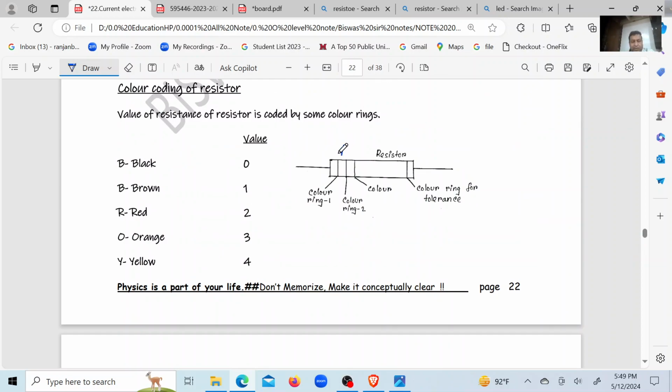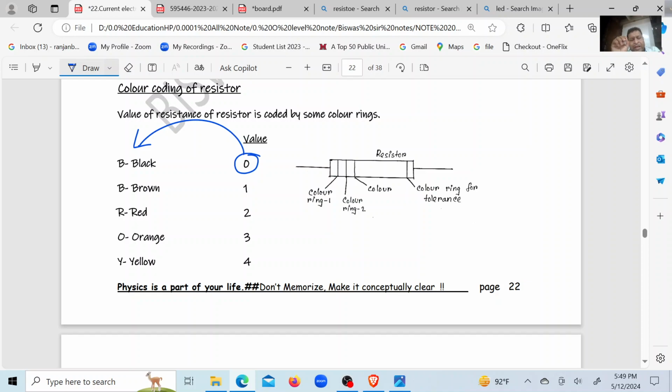First color is value. When we write 0, instead of 0 we shall give a black mark here, right? If we want to write 1, we shall give a brown mark, like sign language, right?